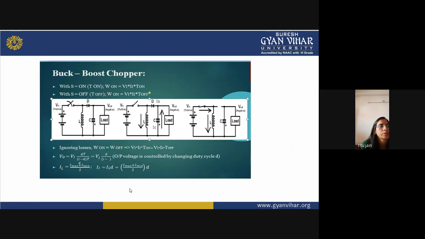So you can see in the diagram that there is a DC source, and a series switch is connected to this DC source, and there is a diode, one capacitor and another one is your load.